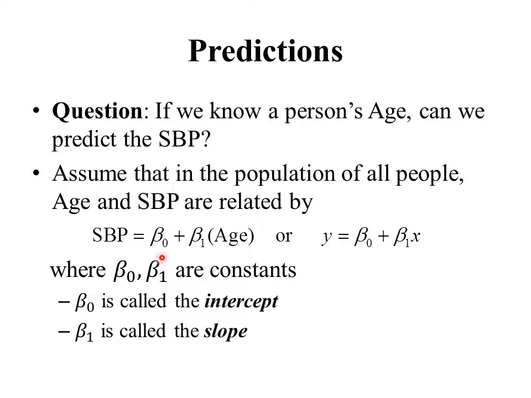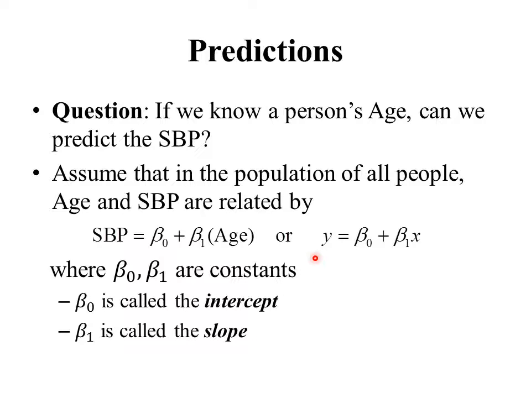Systolic blood pressure is some constant that we'll call beta naught plus another constant called beta 1 times the age. Or if we use the variable y to denote systolic blood pressure and x to denote age, the formula looks like this. Beta naught is called the intercept, and beta 1 is called the slope.